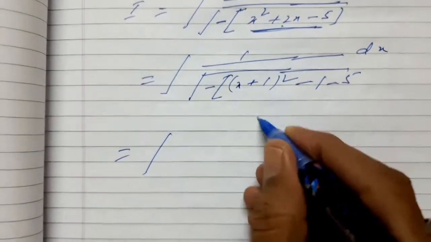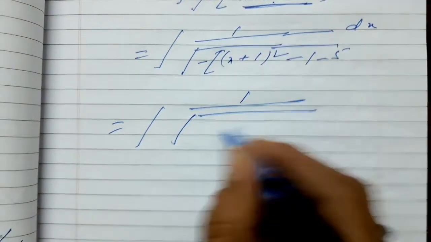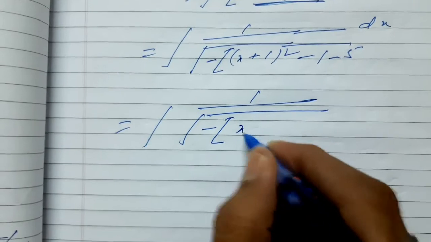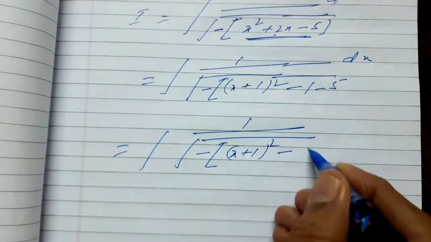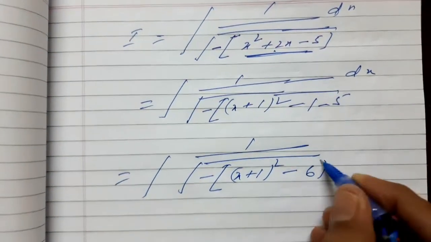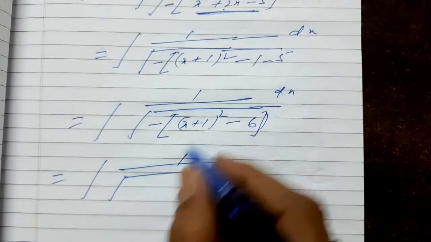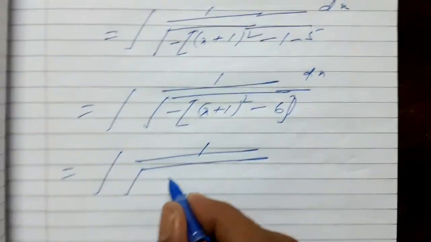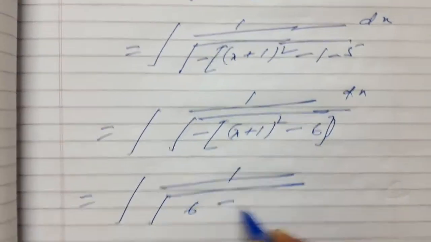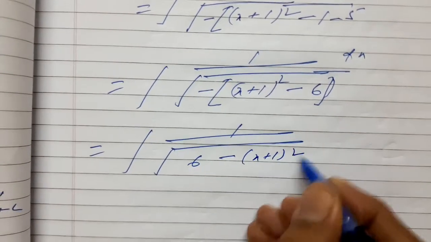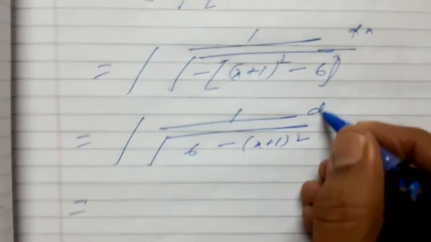So after doing so, it will be minus of this under bracket. This is x plus 1 whole square, minus 6 is there, and this is dx. Finally, we'll have 1 upon root under, we'll take that minus inside, 6 minus x plus 1 whole square, we can write like this, and dx.